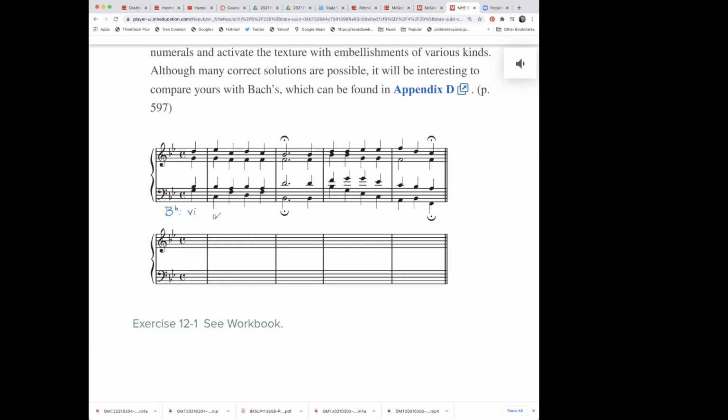Is that even legal? We haven't talked about that. Followed by 5, 1-6. Looks like a 5 chord to me.